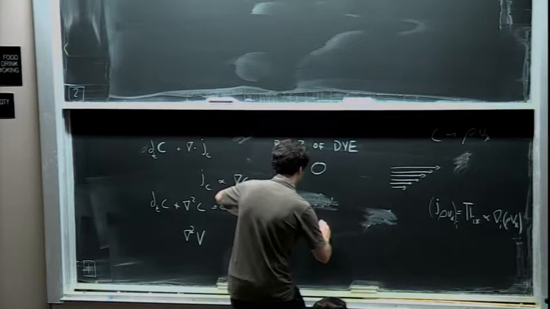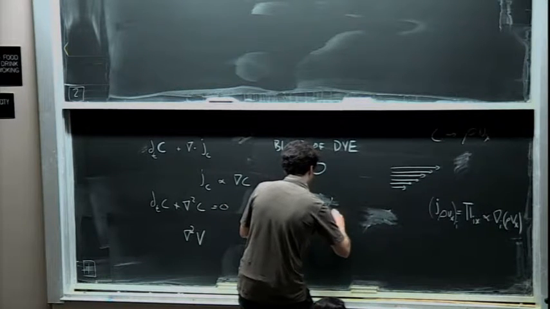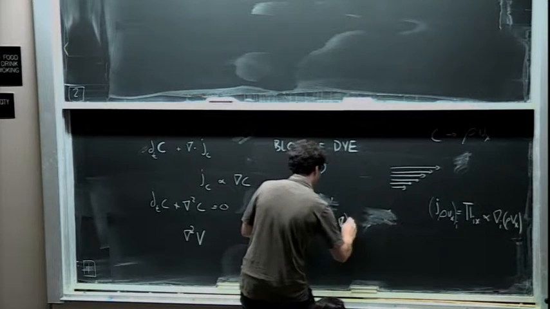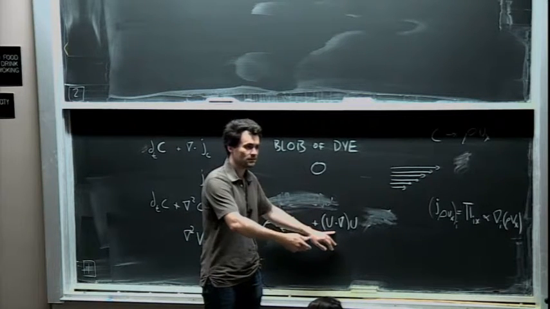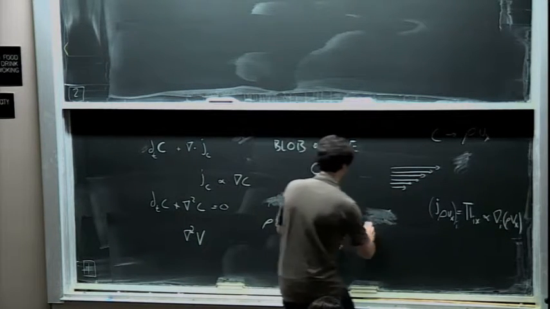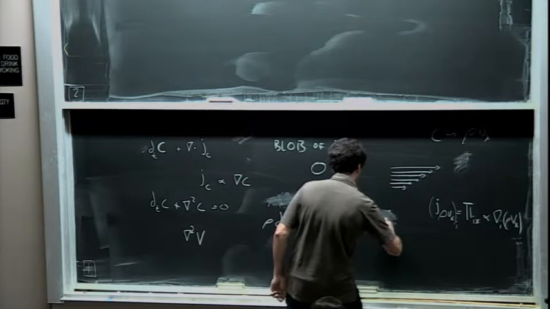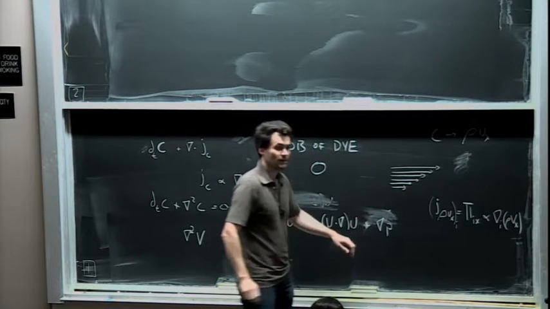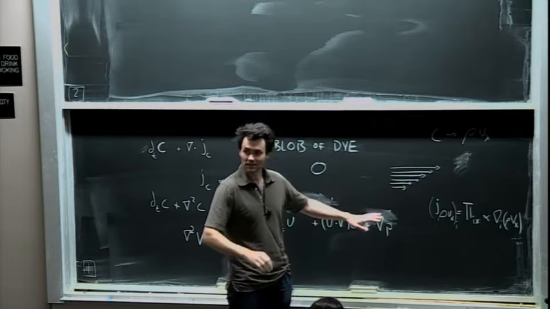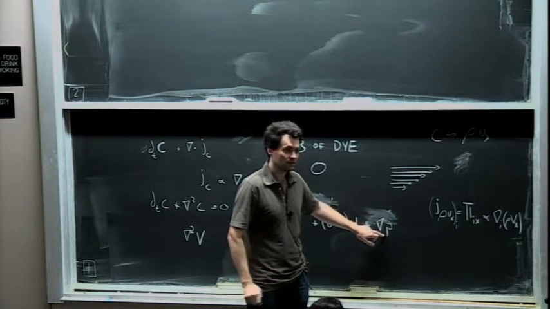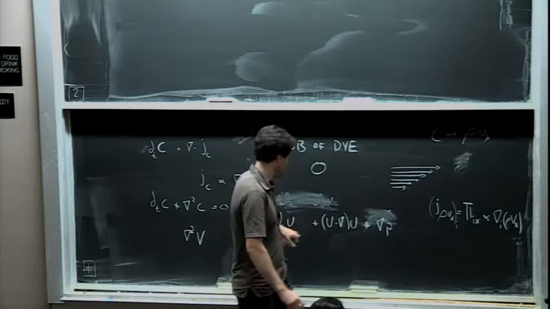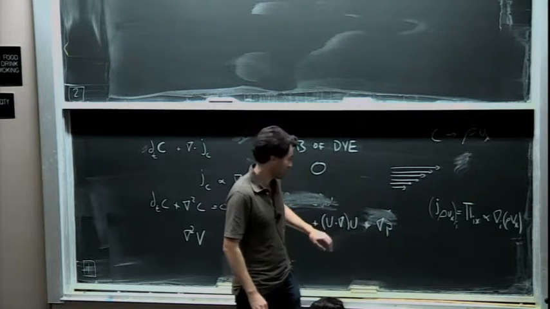We had a term which looks like u dot grad u, and this was the advection of the momentum by the flow. Then we had a term which looked like the gradient of a pressure, and we interpreted this, at least in the case of an ideal gas, as the advection of the microscopic part of the momentum, which we sort of missed by considering time average quantities.